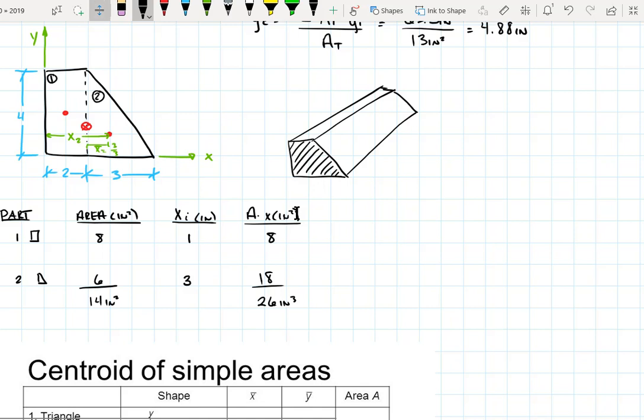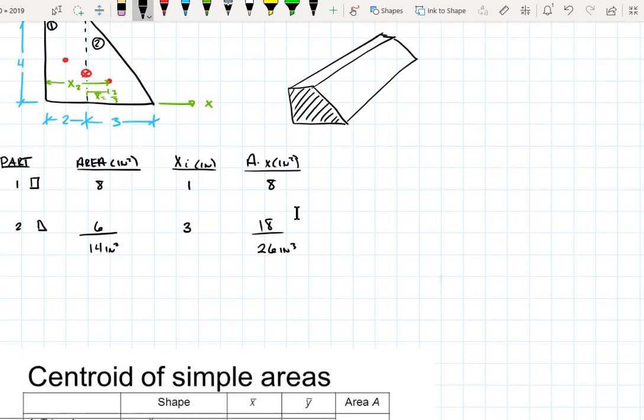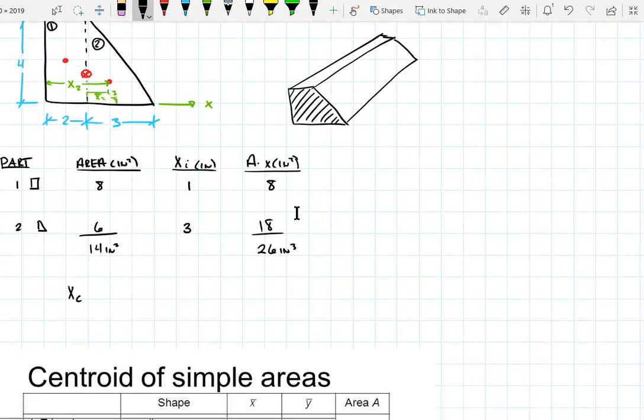So I can solve for x sub c. So x centroid is 26 inches cubed over 14 inches squared, that's total area.